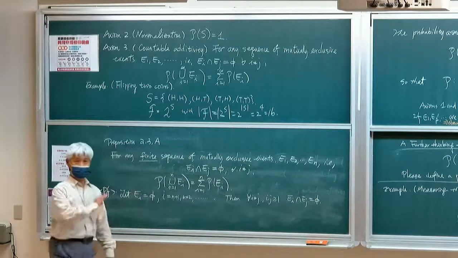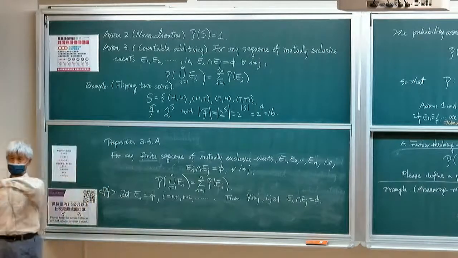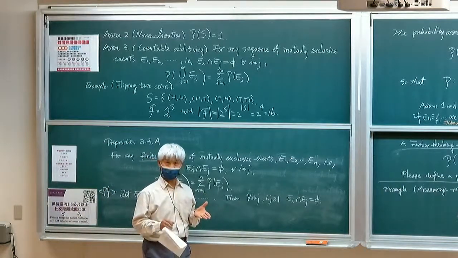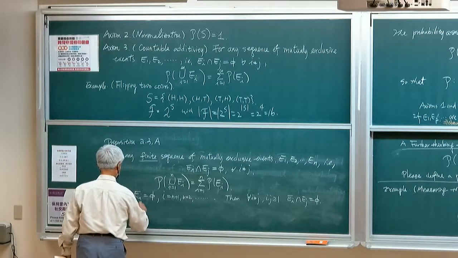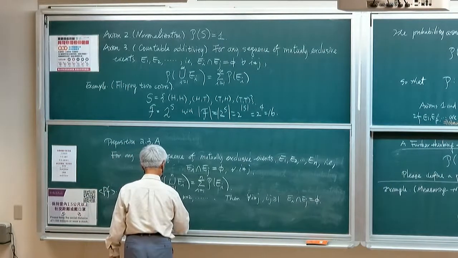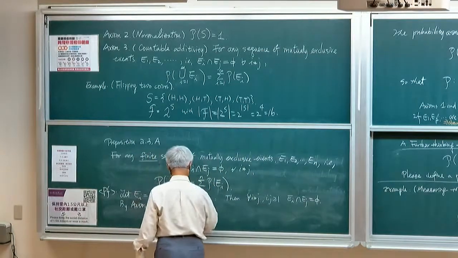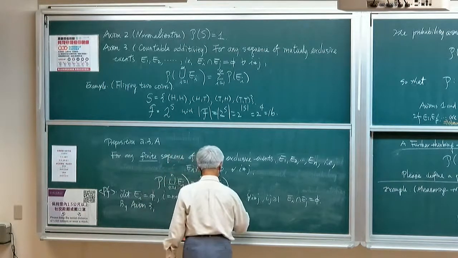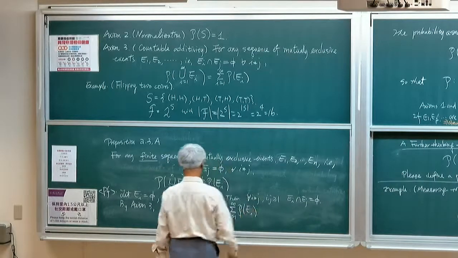Now we construct a countable sequence, and it is still mutually exclusive. By axiom number 3, the probability of the union i from 1 to infinity of Ei is equal to the summation.